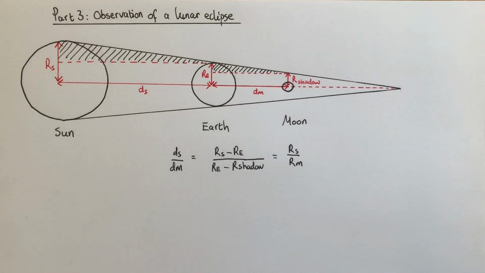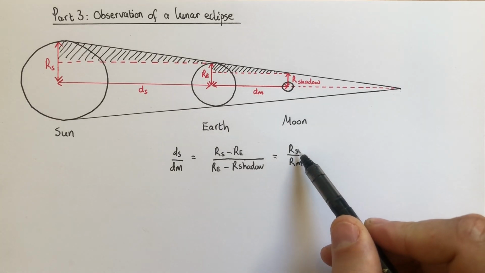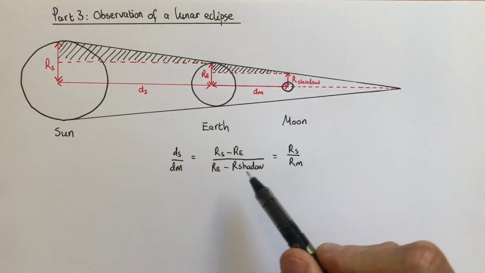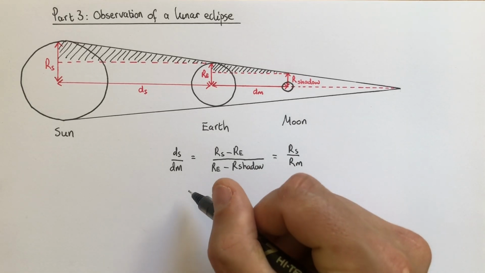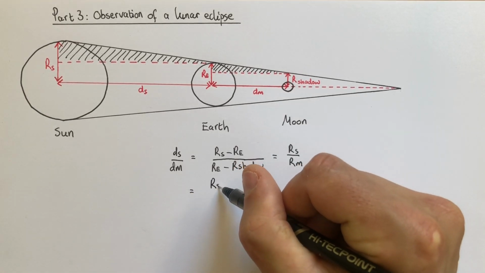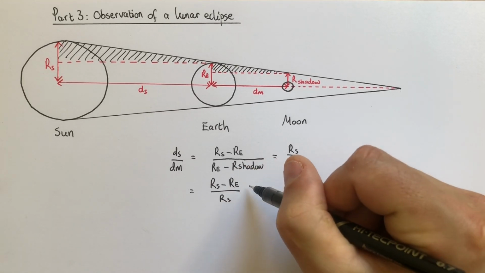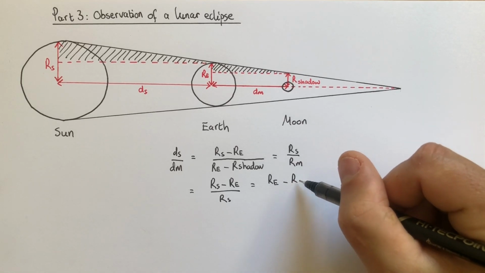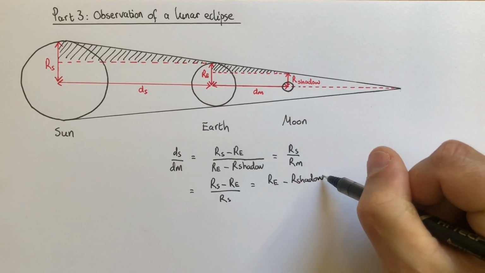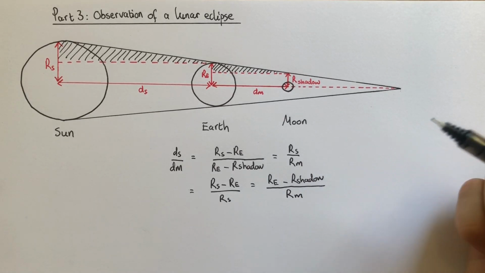We're going to now take this expression and rearrange it. In particular, I'm going to divide through by rs on both sides and multiply both sides by re minus r shadow. That's going to then give us the following expression: rs minus re divided by rs equals re minus r shadow divided by rm. We can then simplify this expression.